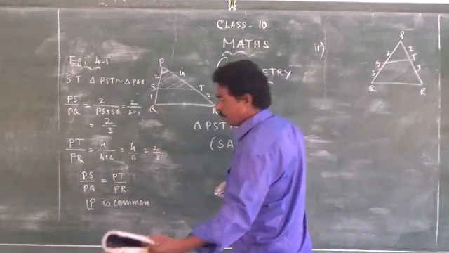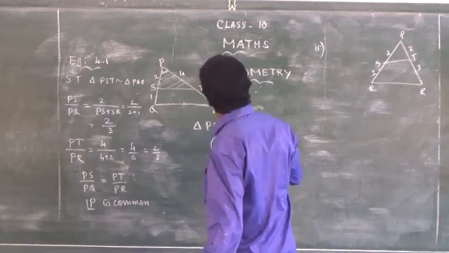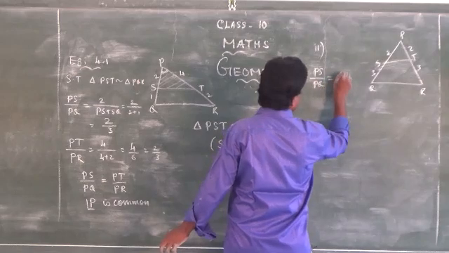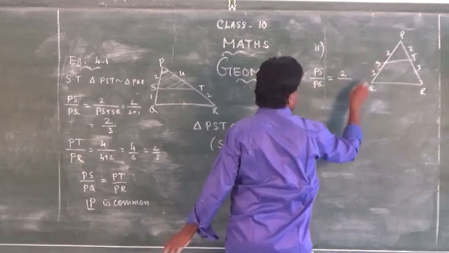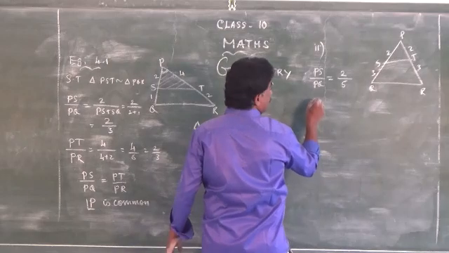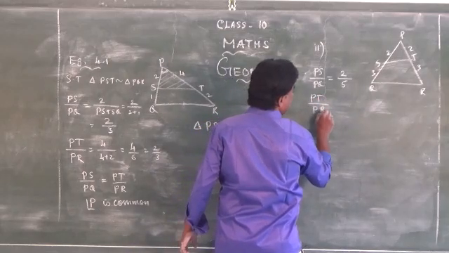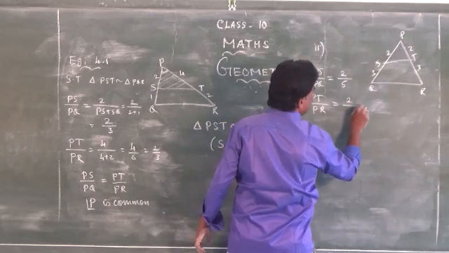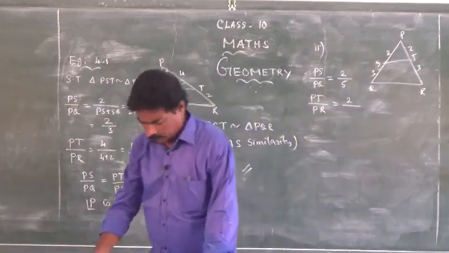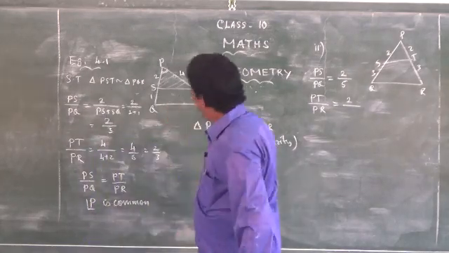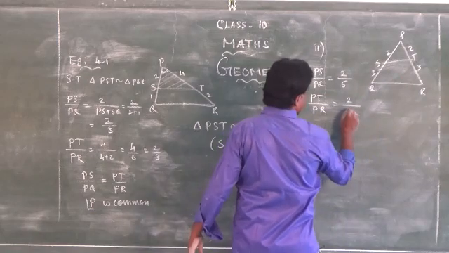In the same way, we find PS by PQ. PS is 2, PQ means the sum, which is 5. And PT by PR: PT is 2, PR is 2 plus 3, that is 5.